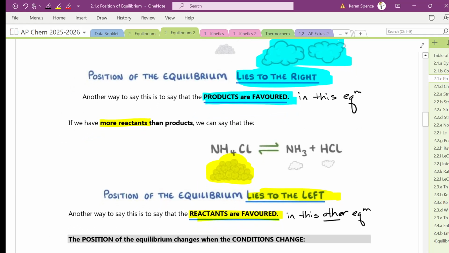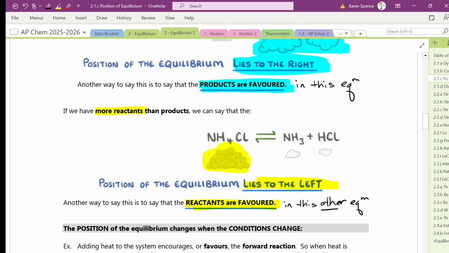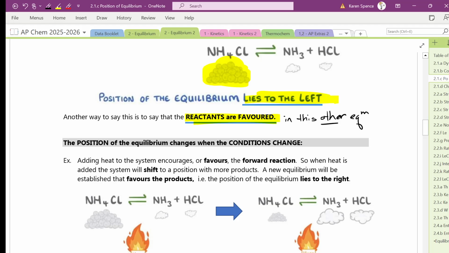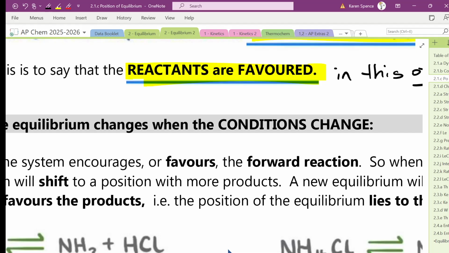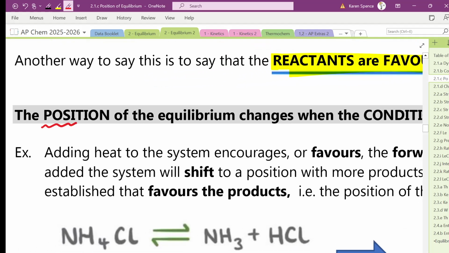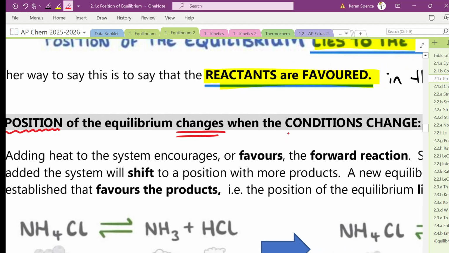Okay? The position of the equilibrium changes when conditions change. So the position changes when conditions change.